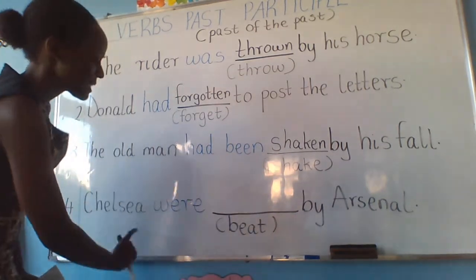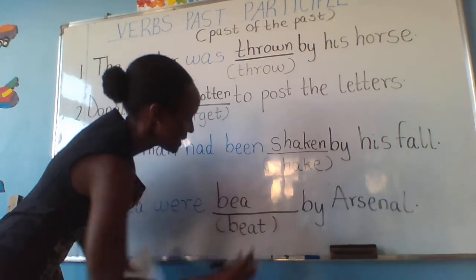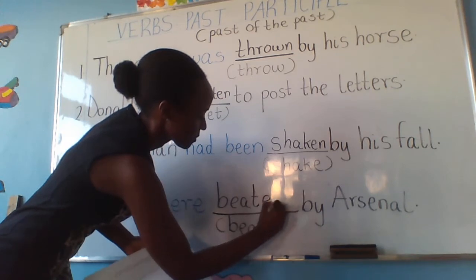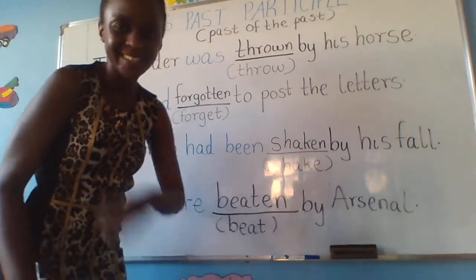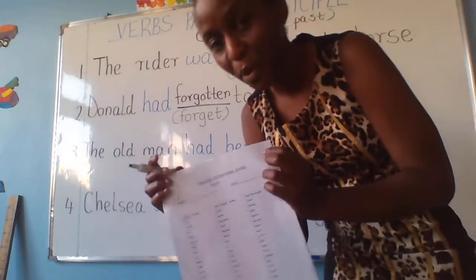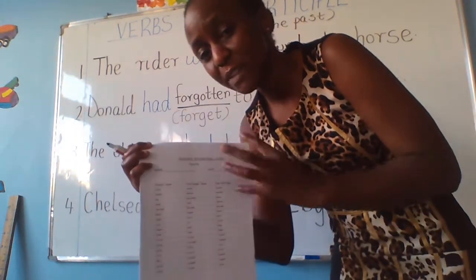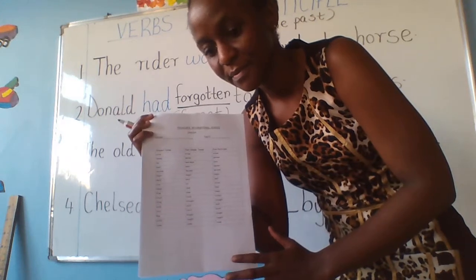So Chelsea were beaten. How do you spell the word beaten? It doesn't have double T. Chelsea were beaten by Arsenal. Good. So this list is very important. Ask your parent to print it for you so that whenever you get stuck, you can go through the verbs.